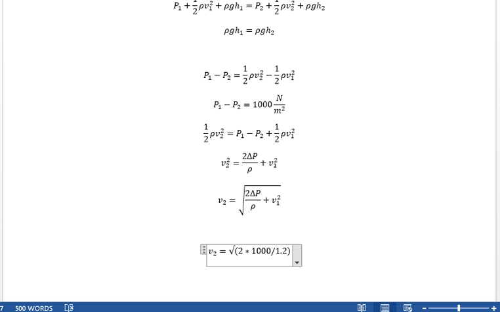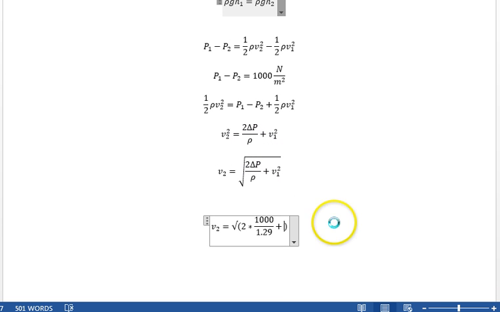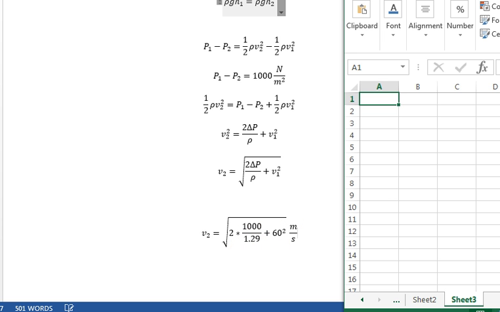And I need a 9 in there, don't I? 1.29. And plus our velocity, 60, plus 60 squared. And our units at the end of the day are meters per second, right? So 2,000 divided by 1.29 plus 60 squared, take the square root.